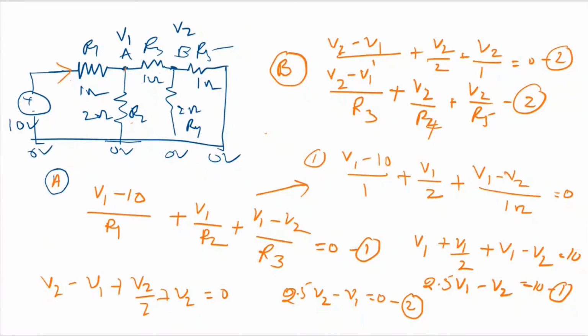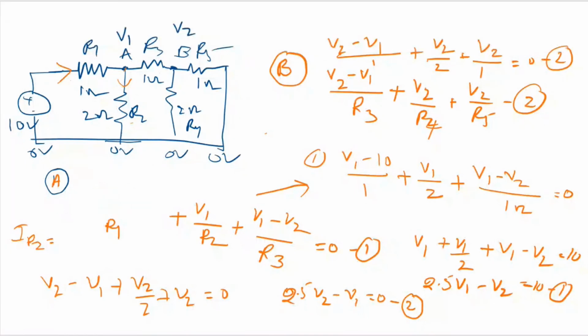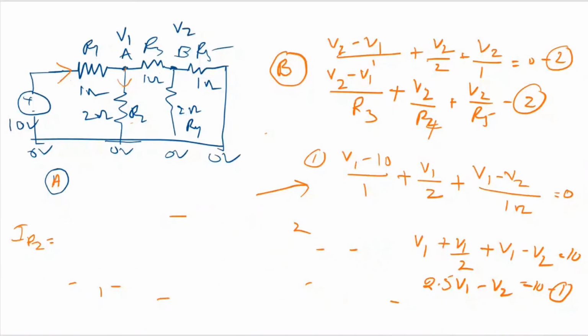Similarly, if I want to find the current in this R2, can anyone tell me the current in this R2? IR2 is equal to, can anyone tell from the class? So let me write.